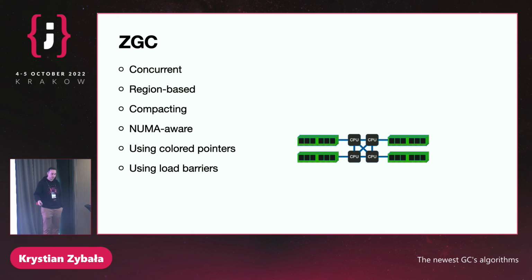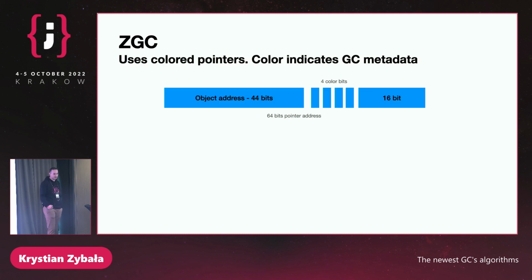For example, when you have multiple CPUs, it's very performant. But of course, it uses different techniques. It doesn't use a forward pointer, but colored pointers. And of course, it's the same situation as Shenandoah, which uses a load barrier.